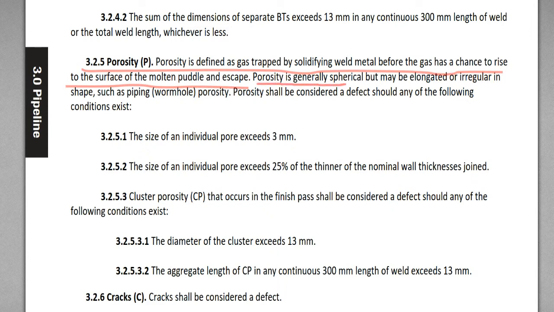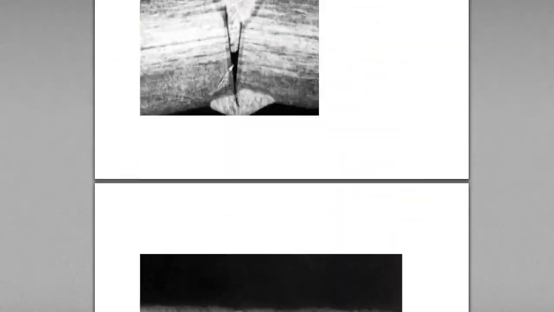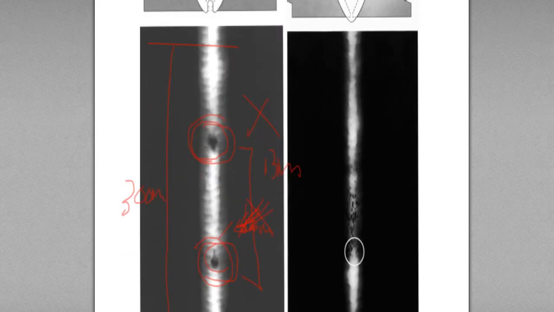Porosity is generally spherical, but may be elongated or irregular in shape, such as piping or wormhole porosity. Porosity shall be considered a defect should any of the following conditions exist. Porosity looks like this.